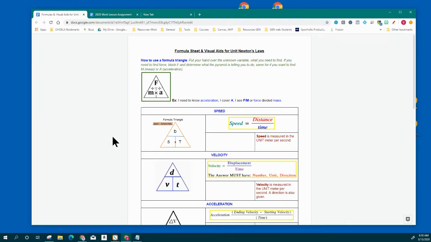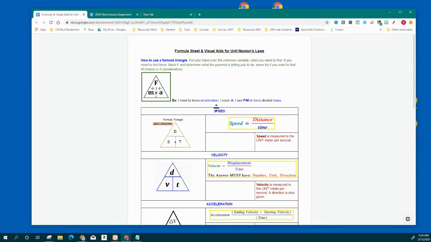It allows you to use your hand, cover up the unknown variable, the one letter or variable that you are trying to figure out for your answer, and determine how to find it. It's a way to rearrange the formula without doing so on paper algebraically.